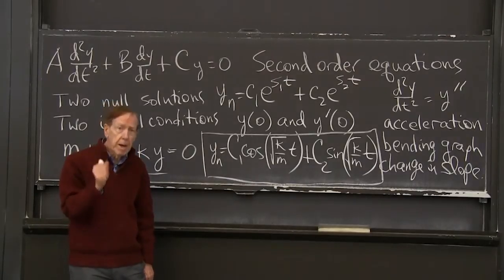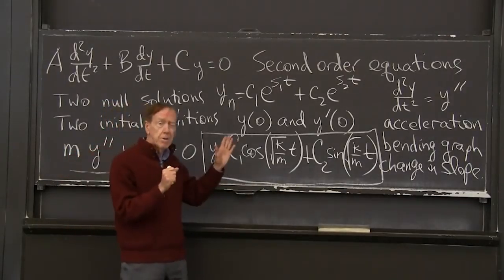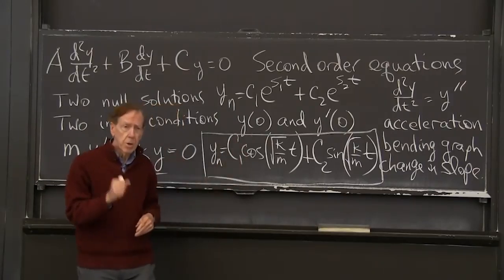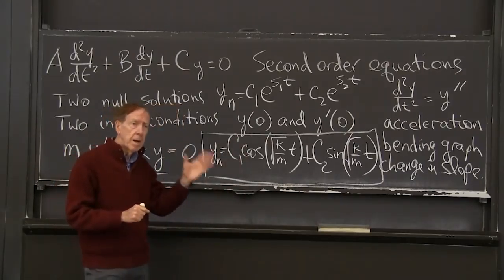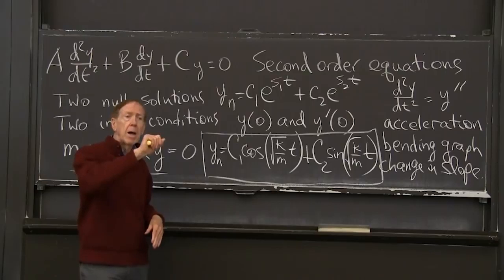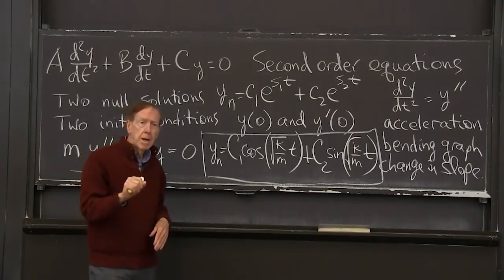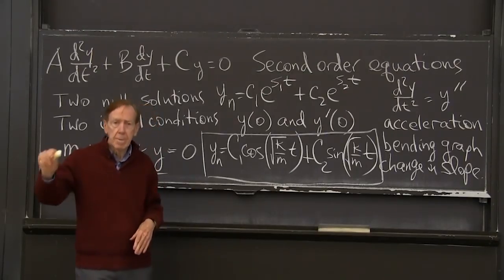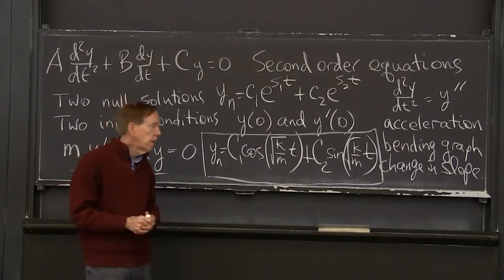Everybody remembers the big formula that allows complex numbers in here, Euler's formula: the exponential of i omega t is the cosine plus i times the sine of omega t.